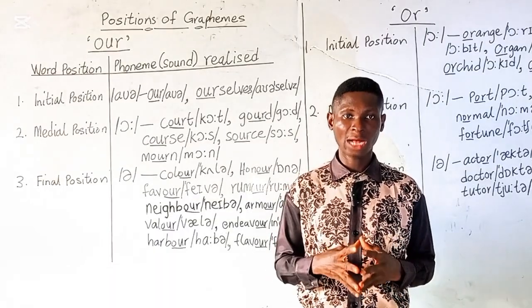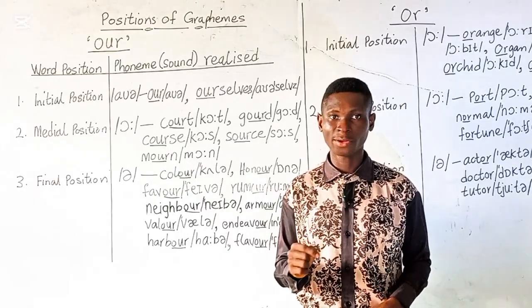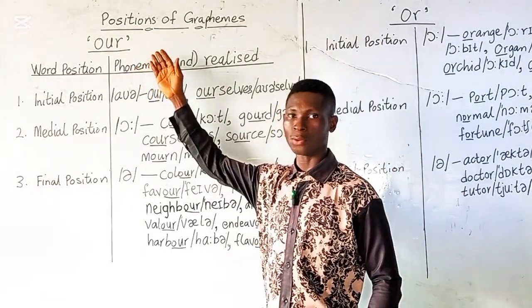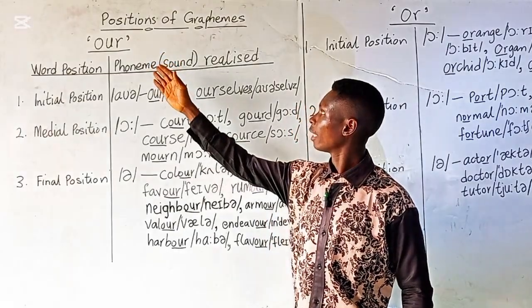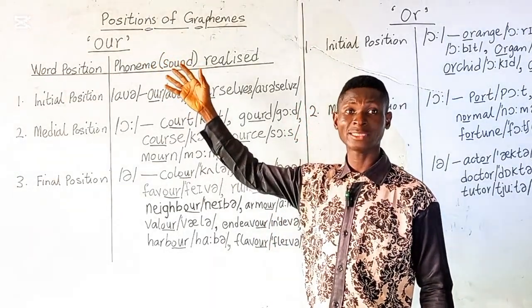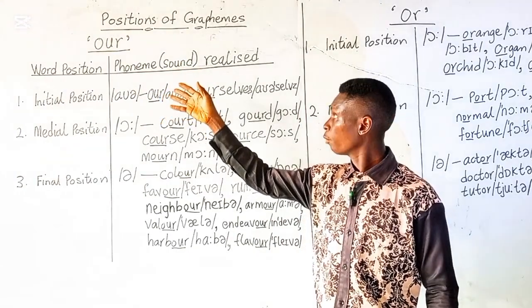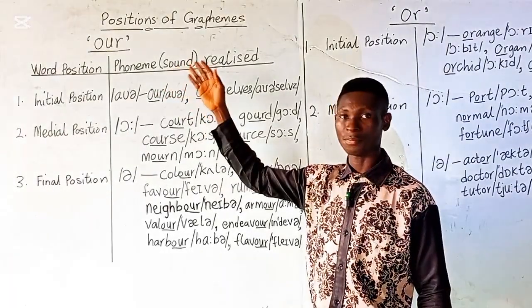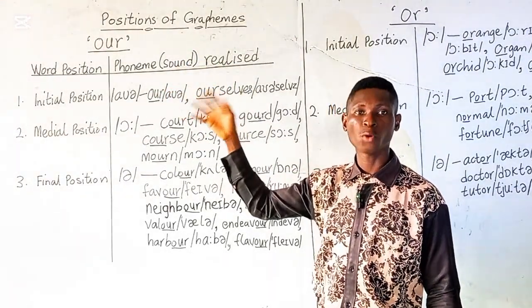So first of all, we want to consider the spelling OUR. This is a grapheme because it can represent a sound. So we want to find out the different sounds this grapheme can represent at different word positions.